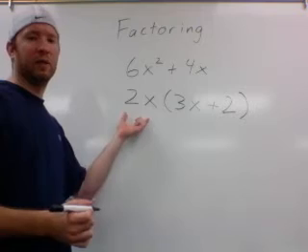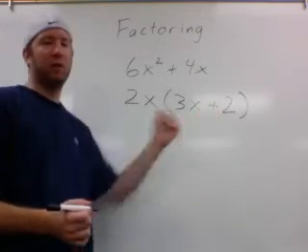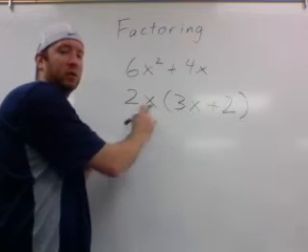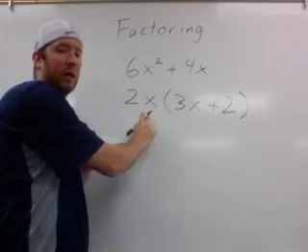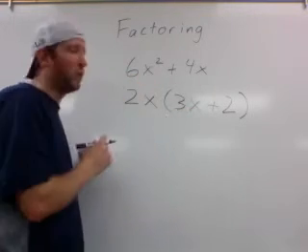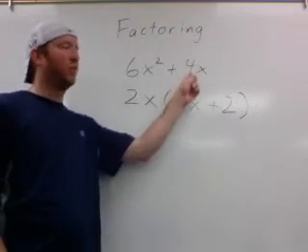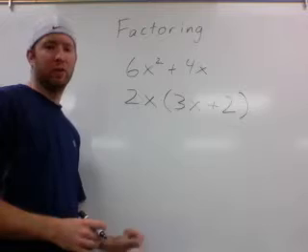So that's what I get: 2x times the quantity 3x plus 2. Again check, 2x times 3x, 2 times 3 is my 6, x times x is x squared, and then distribute 2x times 2, 2 times 2 is 4, and then bring the x along.